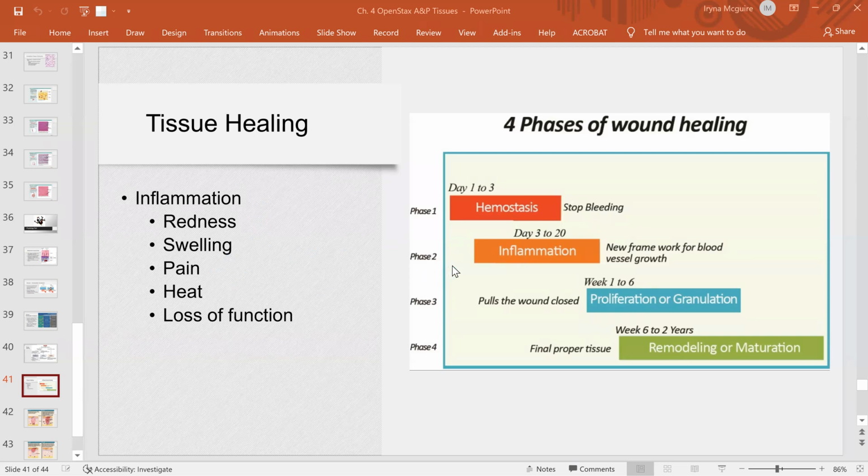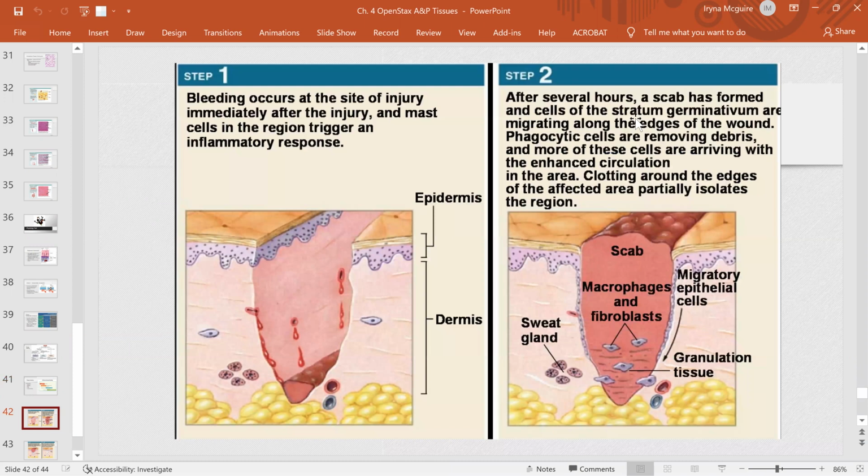And this is our phase 2, inflammation. So let's see what we have here. Step 1, we have bleeding at the site of injury, immediately after injury.